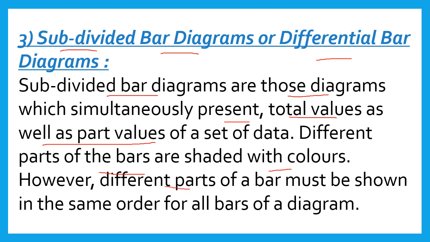However, different parts of a bar must be shown in the same order for all the bars of a diagram. And it should not be like this, that in one bar you are coloring the male portion with green color and in another bar you are coloring the male portion with orange color. Okay, there should be symmetry.